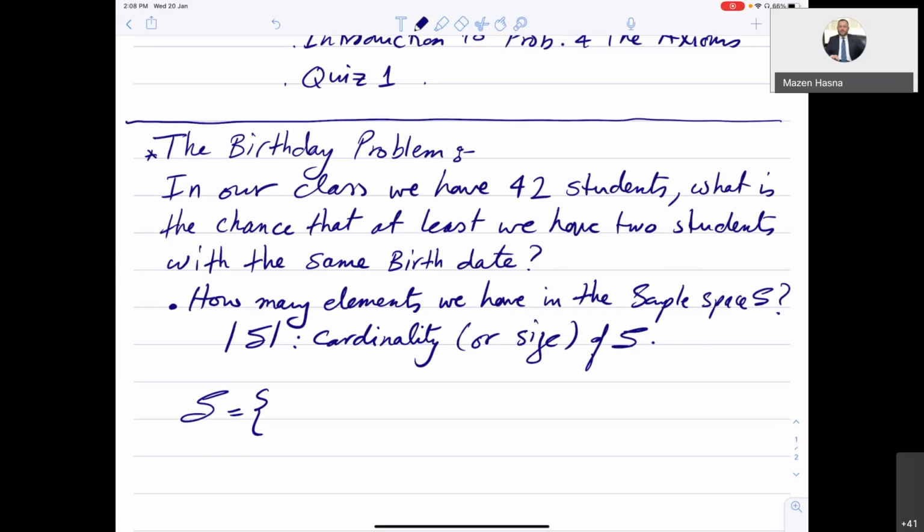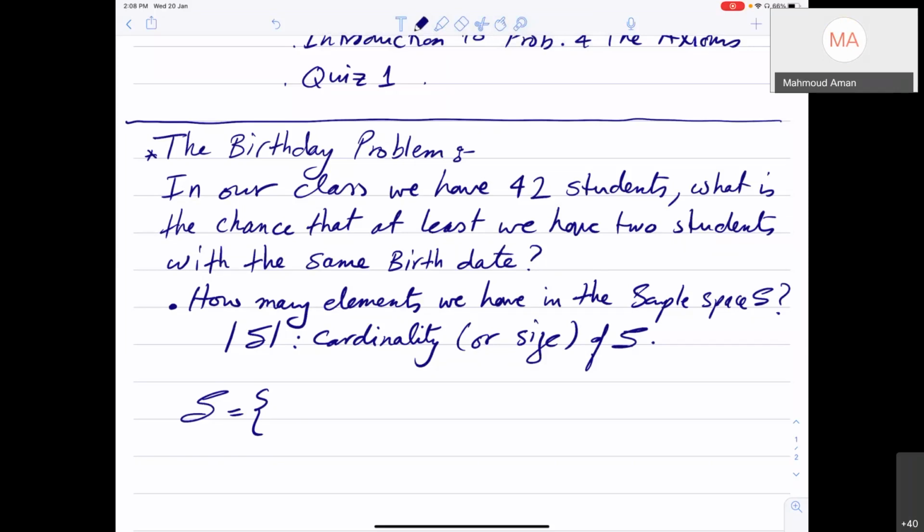Here I'm asking for the sample space of the birth dates of 42 students in the class, not how many elements.